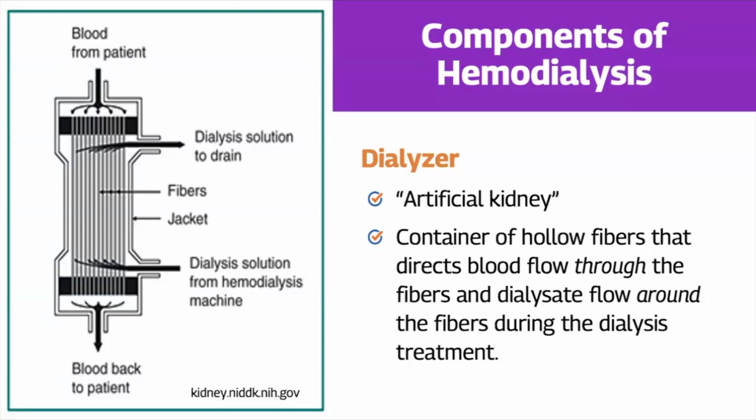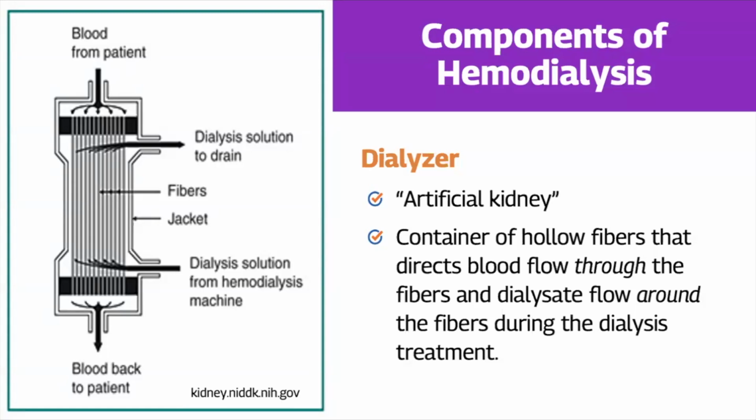We have a plastic outer casing and fibers going along the middle. There are probably 1 million fibers within that dialyzer, and they're all about the size of a hair. They're hollow down the middle, so they're like a straw.